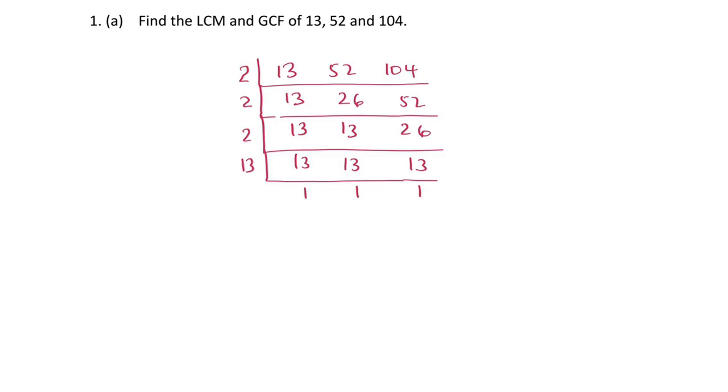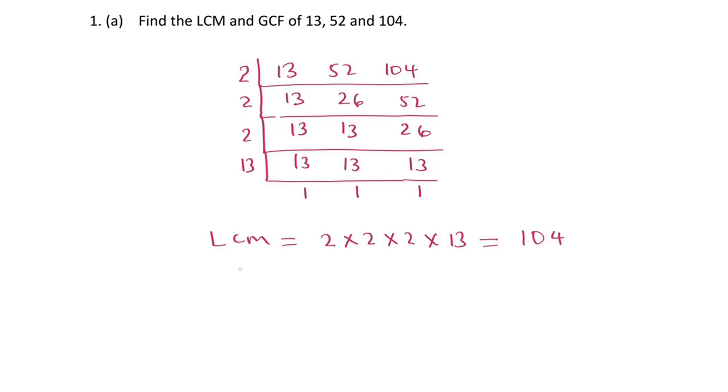Next, to find the LCM, we are going to take the product of all these factors from the table. So LCM is going to equal 2 times 2 times 2 times 13, which after solving the values gives us 104.